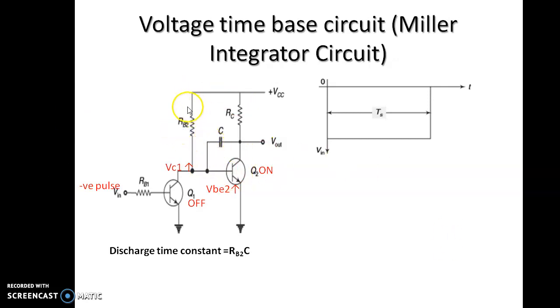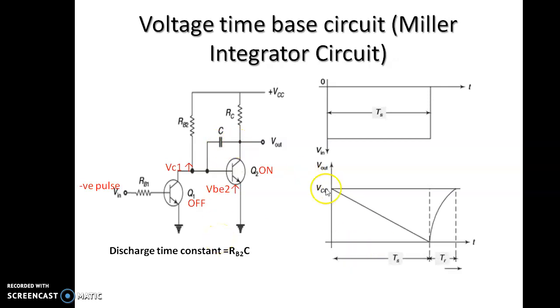So here the value of RB2 will be very large, and hence the discharge time constant, RB2 times C, becomes very high, and hence the discharge happens slowly and we obtain this part of the waveform. This is the output waveform and this is the input waveform. So the conversion of this step waveform into the ramp waveform occurs here.